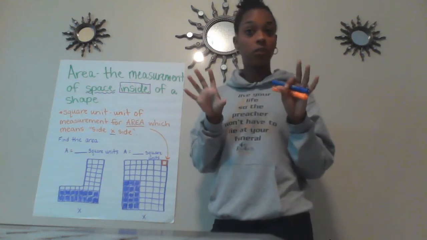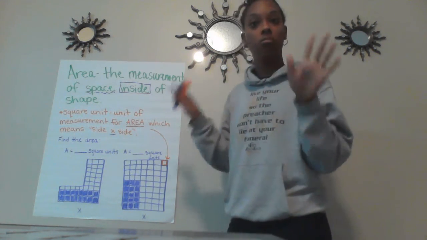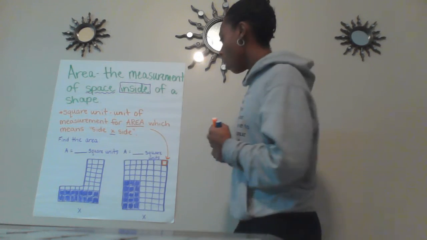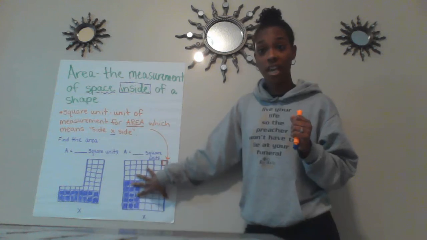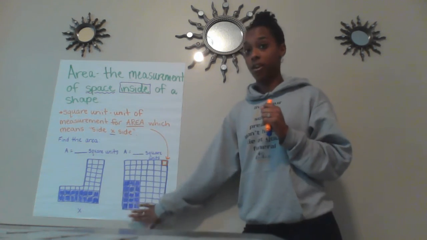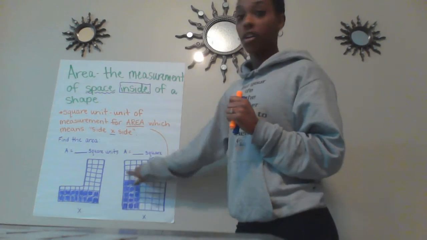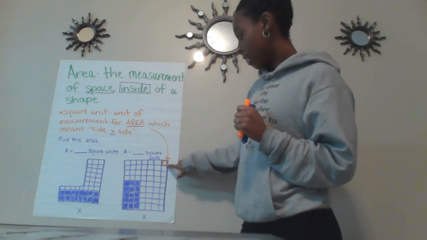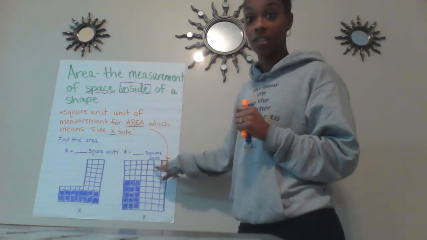It sounds really kind of weird, but once you get the hang of it, it'll be second nature. So when we do look at area, we usually have a shape like this, and it usually has a shaded area inside of the shape. All of these little squares are square units, as I have made clear right here. So each square is a square unit.